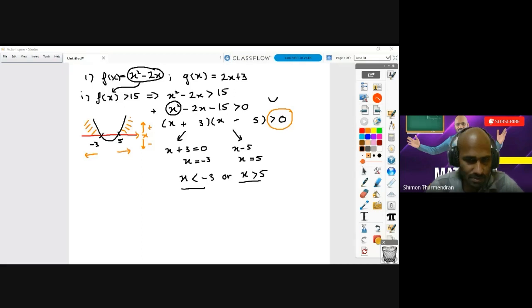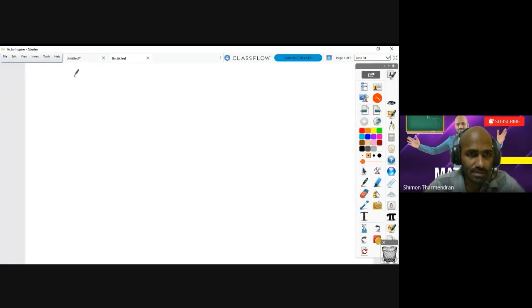If no questions, I'll move on to the next part. So most of you guys and girls would remember this. So moving on to the second part over here. Now this is quite important, where they ask us to state with a reason if f has an inverse.